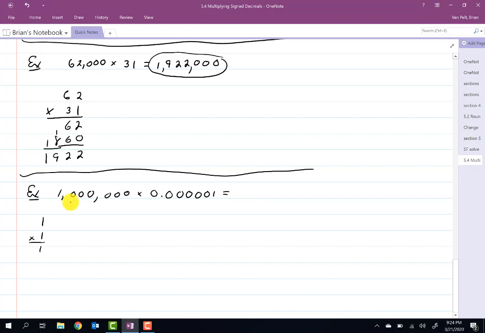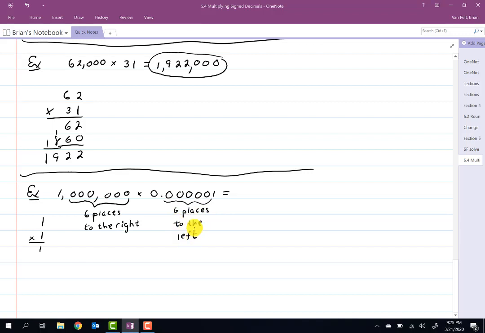Okay, so here's what we have. These zeros means 6 places to the right. But then there's 6 decimals after this one, so 6 places to the left.